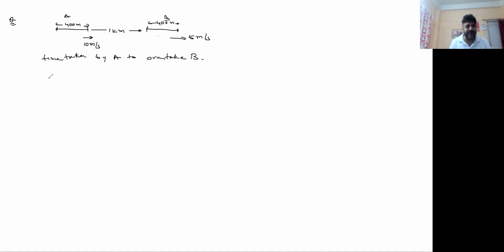We can write the relative velocity of A with respect to B, that is velocity of A minus velocity of B. Now I think you understand why, because they are in the same direction. 10 minus 5, that is 5 meter per second.